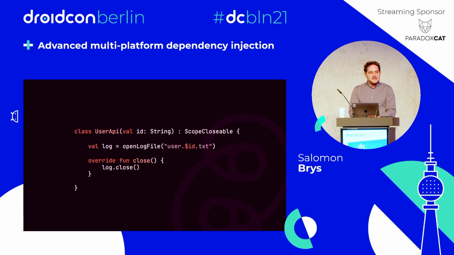Scope closable says, okay, if you are bound as a singleton inside the scope, then when that scope clears, I will call close. So with that, your user API, being scope closable, will be properly closed and can release the log file resource, and you can be sure that the log file will be closed.